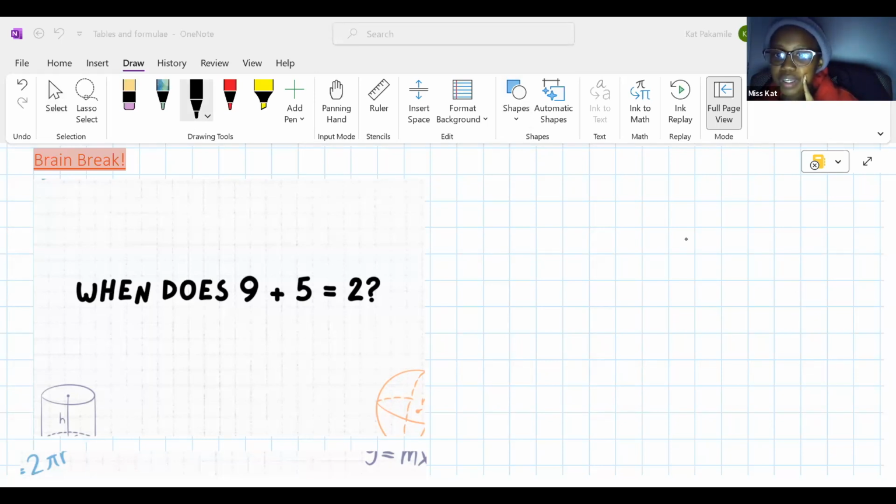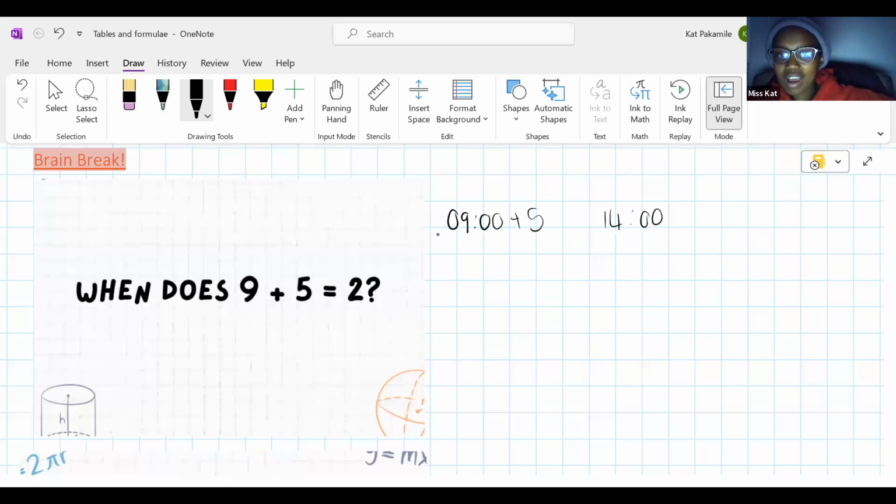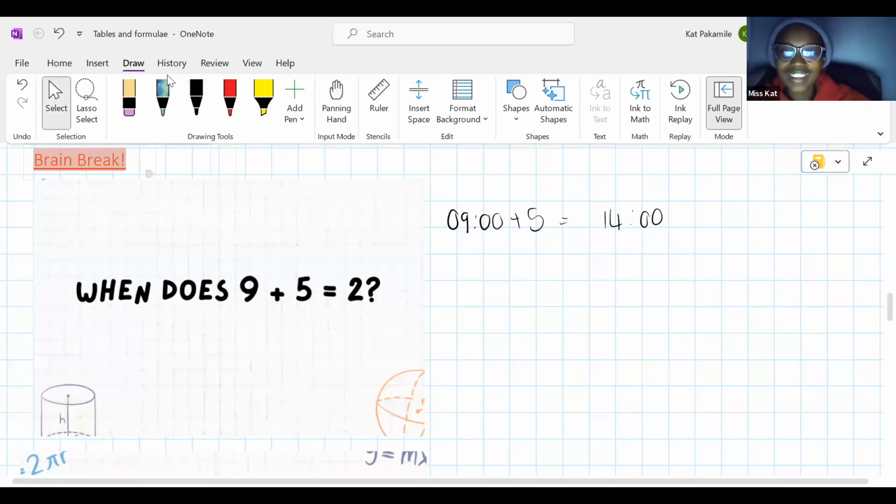Miss, I think it happens when you divide. 9 plus 5 equals 14, then you divide by 7, then it will equal to. You said something very important. You said 9 plus 5 equals 14, eh? Yes, then you divide by 7. Look there. 9 o'clock plus 5 hours is equal to? 14. 2 o'clock. So you cracked it without even knowing.